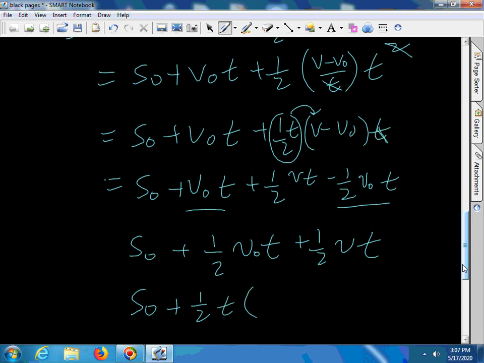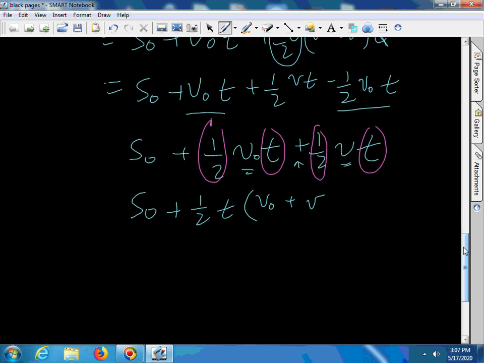So I factored out this in the first term, and this and that in the second term. So literally what isn't in purple, we write down. Namely, we write down the v0, we write down the plus sign, and we write down the v. And I'll just change the way I write this.